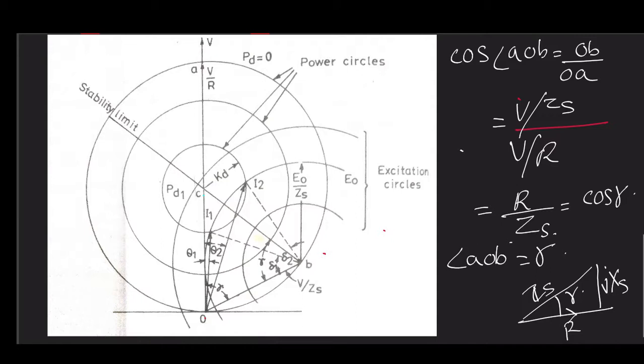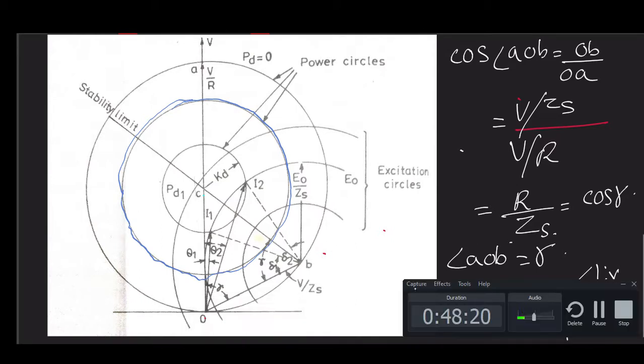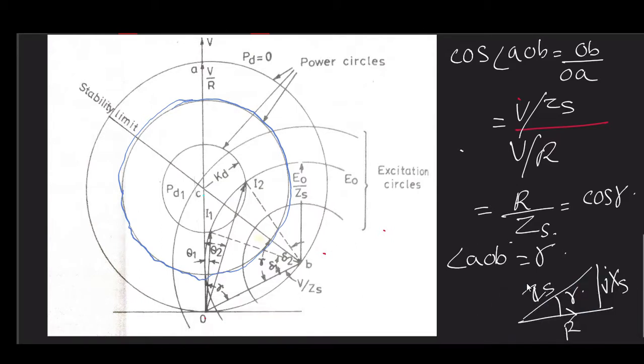Try to understand one thing: on this power circle, every point gives you an equal amount of active power. As long as you are moving along this circle, everywhere you have exactly the same amount of power.